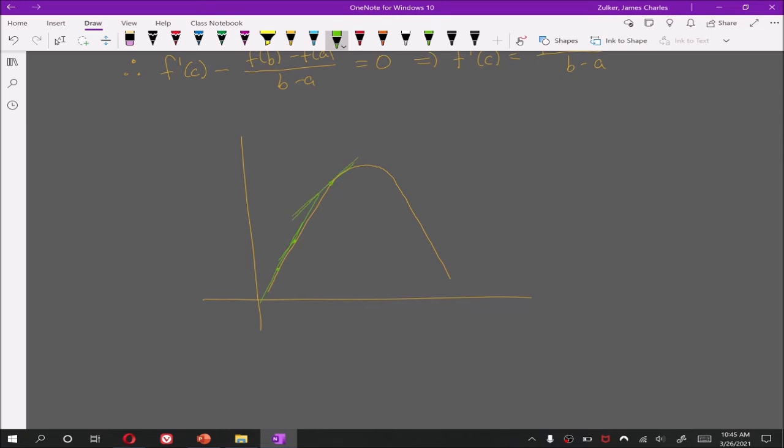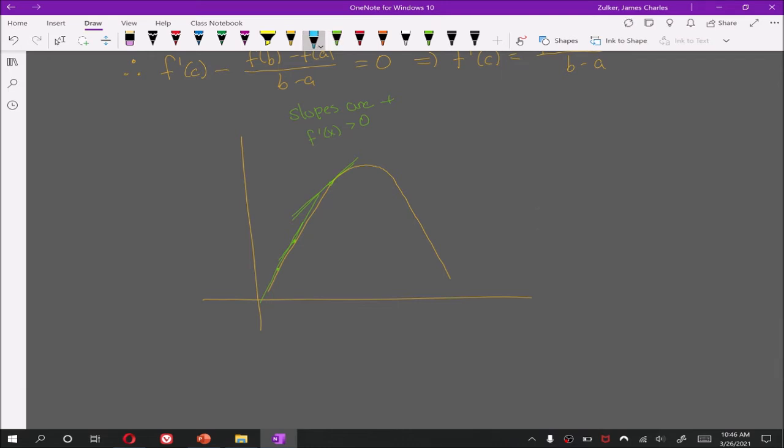What you should notice is that the slopes of these tangent lines are all positive. But the slope of a tangent line is the derivative. So we have f prime of x is greater than 0.